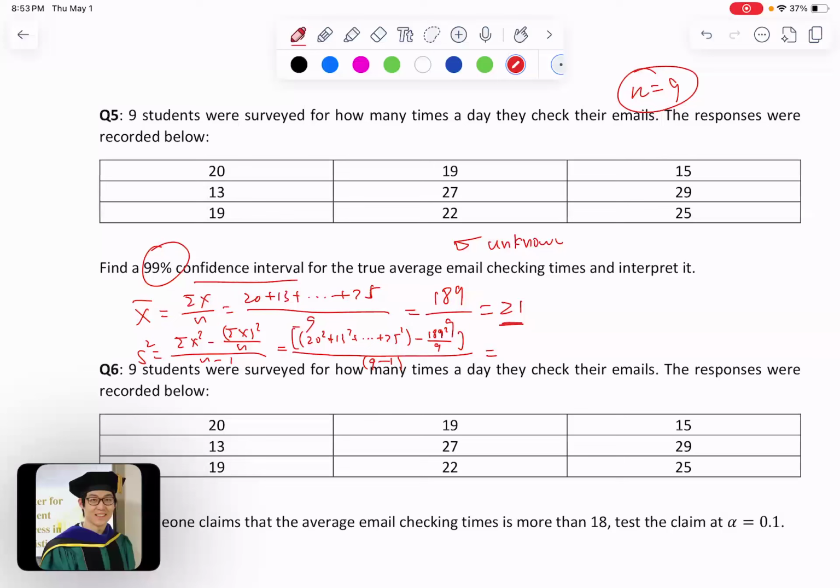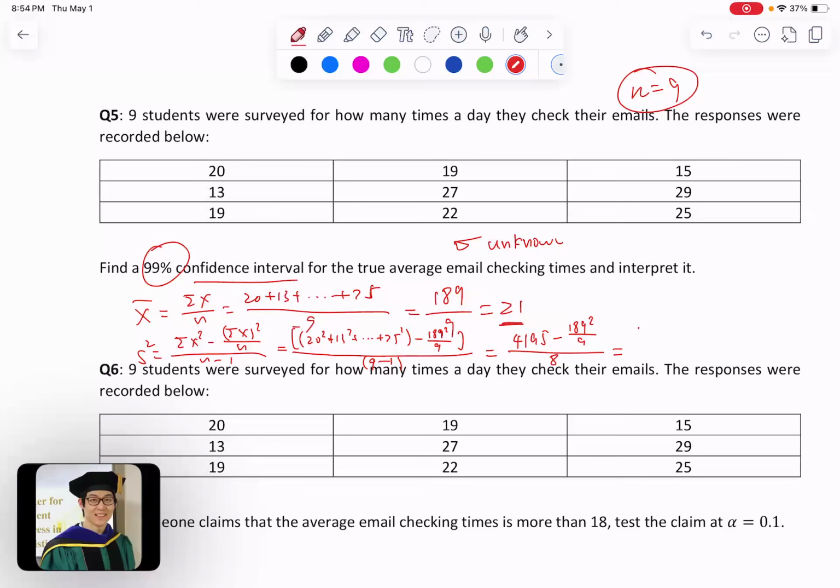All right, so what is sum of x squared? So let's type 20 squared plus 13 squared plus dot dot dot plus 25 squared, everything into the calculator. And then we're going to calculate sum of x squared. So that's actually 4195. And then minus 189 squared over 9 over 8. So 4195 minus 189 times 189 divided by 9.